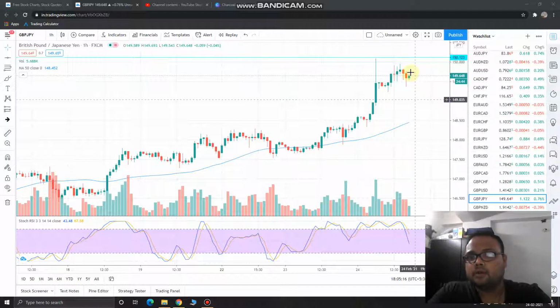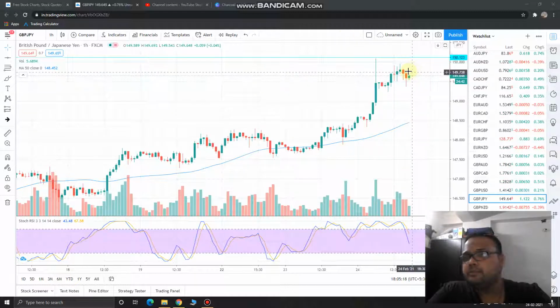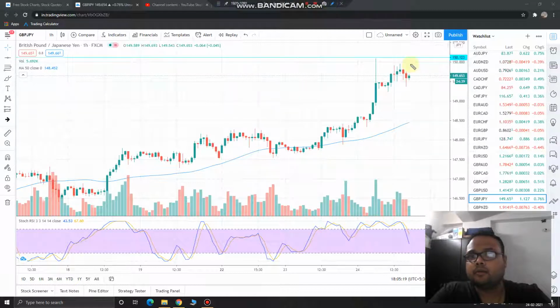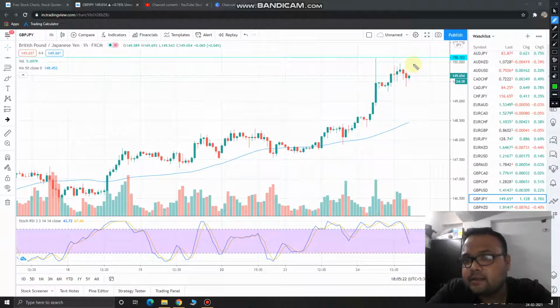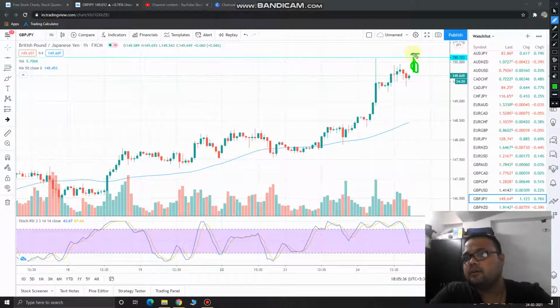So we do not need to place the buy order at this particular level. Let me show you with the help of a pencil. So we do not need to trade in this particular zone. Okay, we will only place the buy order if market goes above this line. Okay, market above this line only.